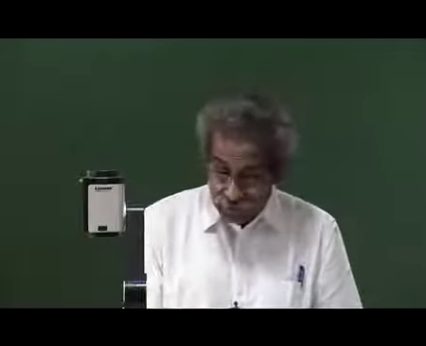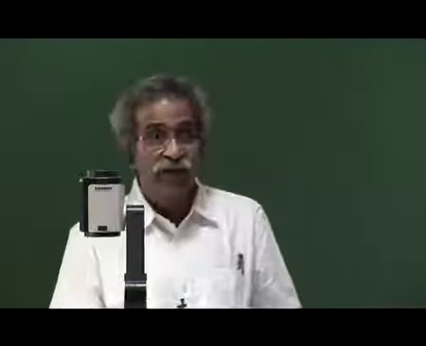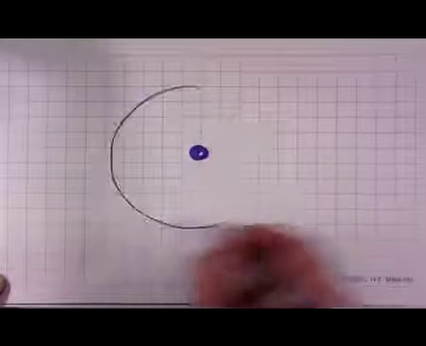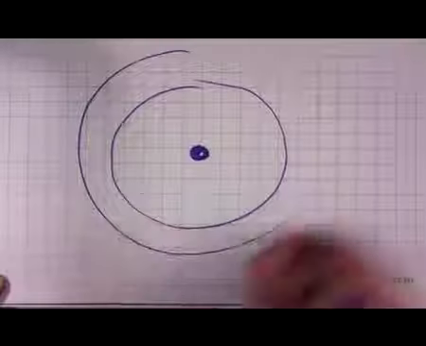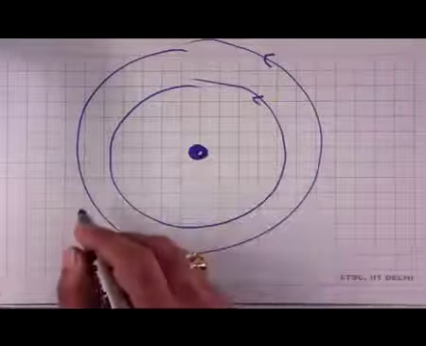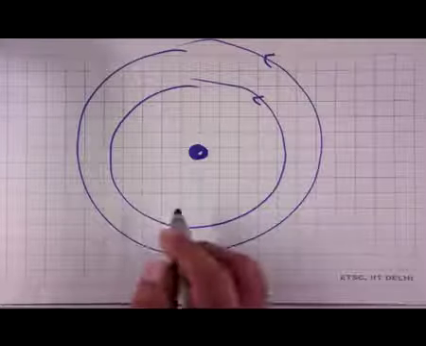For example, if you look at the Greek astronomy and the way it was formulated by Aristotle and later during the medieval period, people assumed that the earth is the center of the universe and all the celestial bodies go around the earth. So, earth was considered to be stationary and all the celestial bodies were supposed to go around.